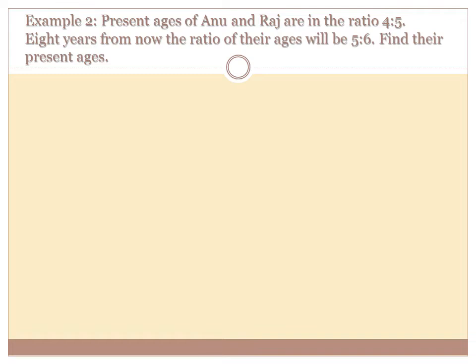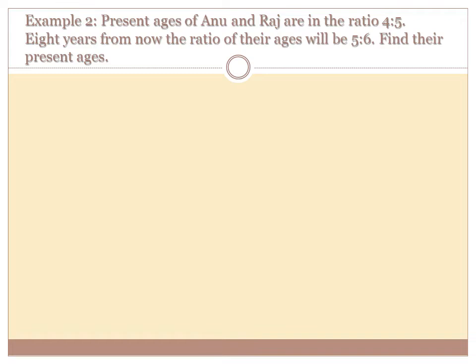Find their present ages. Here in this question, two ratios are given: the present age ratio and, after 8 years, also the ratio of their ages. In such cases, LHS and RHS we will get as a fraction. Let us frame the equation.